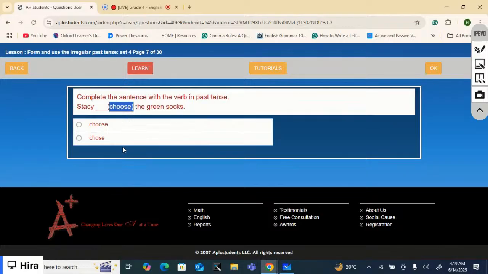Chose is the correct answer. Stacy chose the green socks.